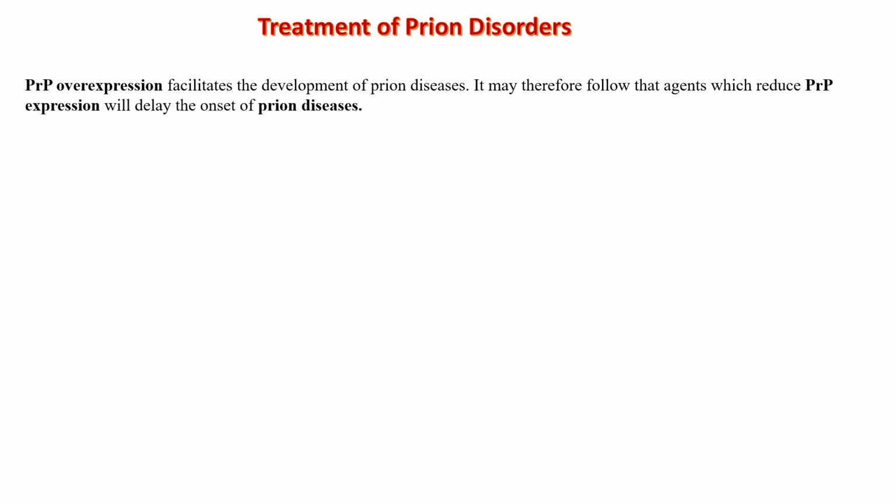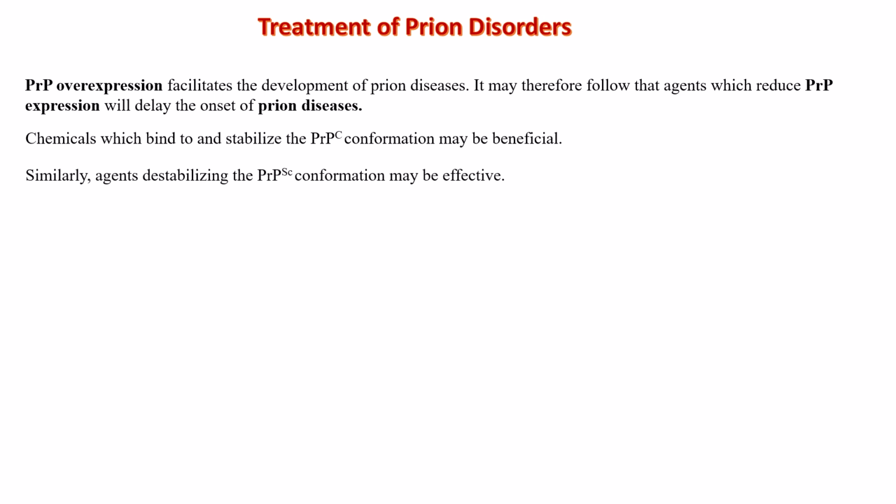PrP overexpression facilitates the development of prion diseases. It may therefore follow that agents which reduce PrP expression will delay the onset of prion diseases. One can speculate that chemicals which bind to and stabilize the PrP-C conformation may be beneficial.